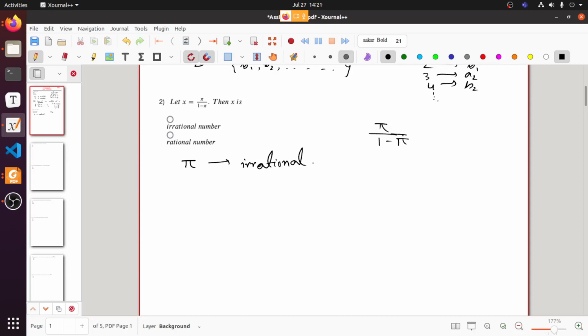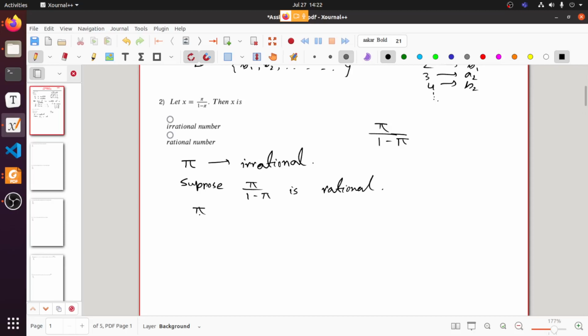We claim that it is irrational. Suppose pi by 1 minus pi is rational, and we will arrive at a contradiction.